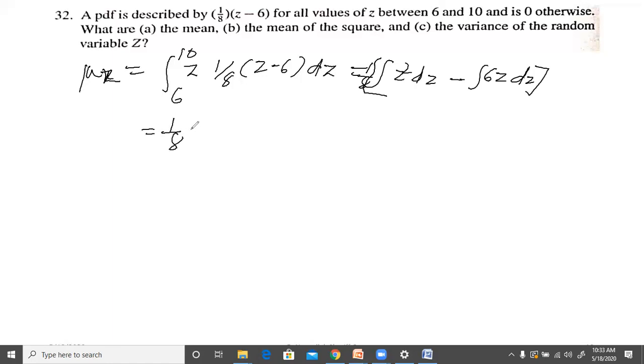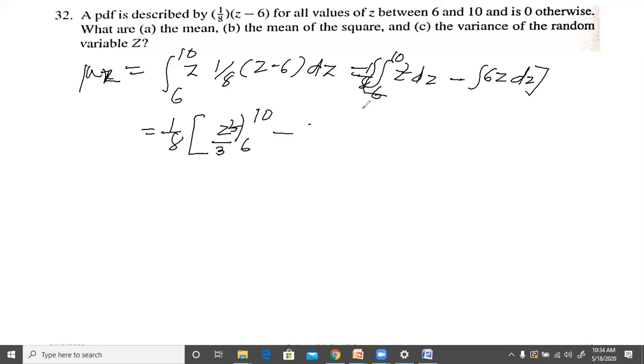So now I can try to solve that. 1 by 8 is common, and the limits are 6 and 10. The integral of z square, sorry, is z cube by 3.